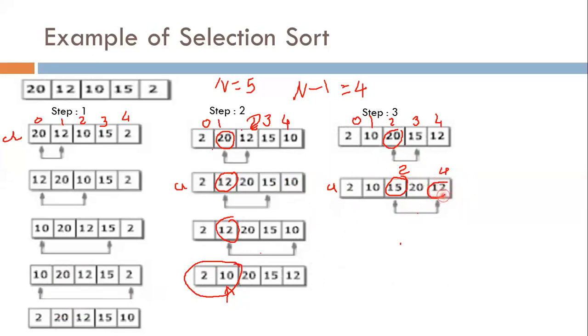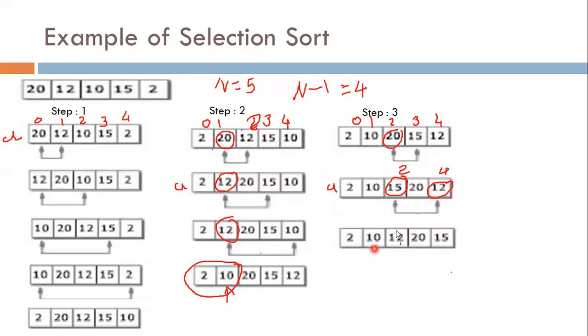So the comparison is made between 15 and 12. 15 and 12 are not in order, so swapping is performed. So 12 comes here and 15 is here. So I get 2, 10, 12, 20 and 15.